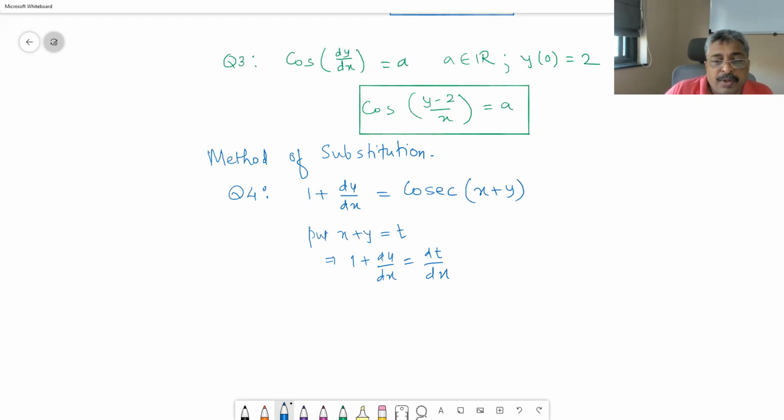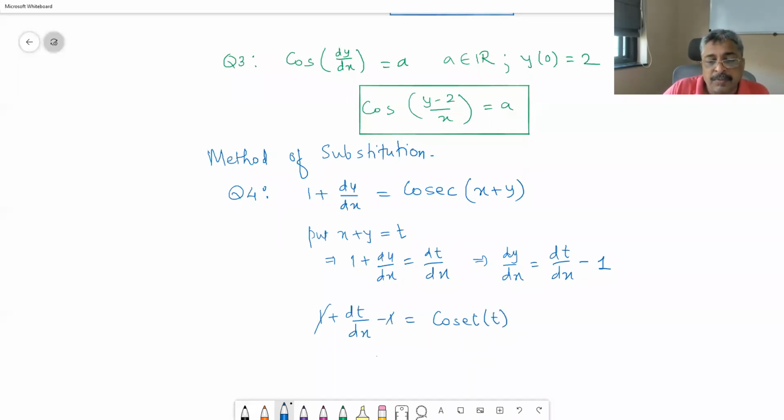Is that right? And therefore, dy by dx is equal to dt by dx minus 1. If we substitute back in the original equation, we get 1 plus dt by dx minus 1 is equal to cosec t. This gets cancelled, therefore sin t dt is equal to dx.